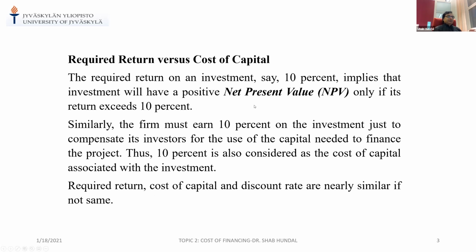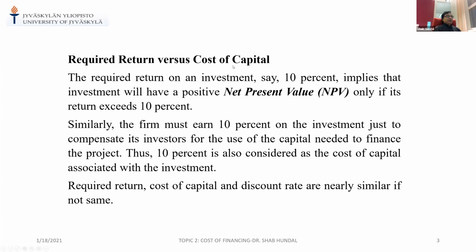So if a project can generate 10%, and this is exactly what the investors' expectations represent, then this is called the required return on investment. We have different models to apply it, and we shall discuss them as we carry on.